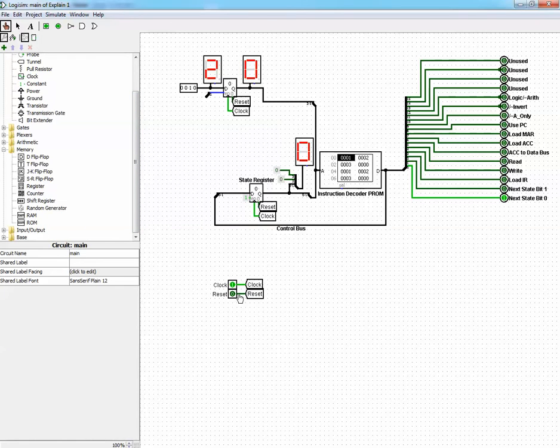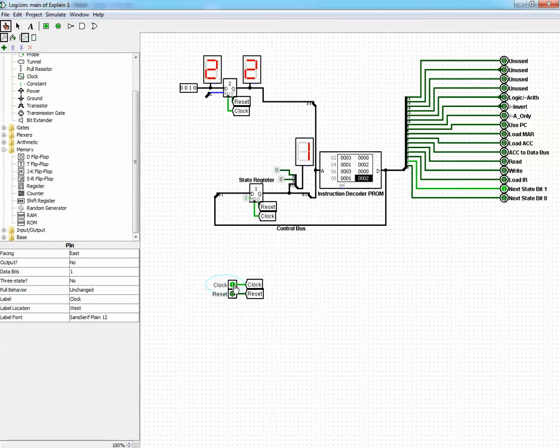Let's reset it from the beginning. Okay, this is supposed to be 0. Let's reset it. 0, 1, and then 2, 3.